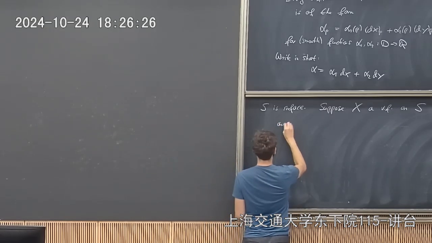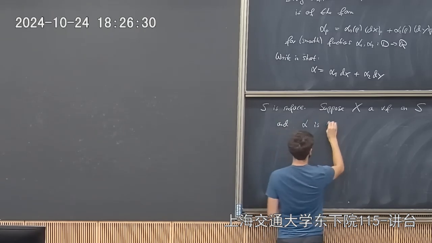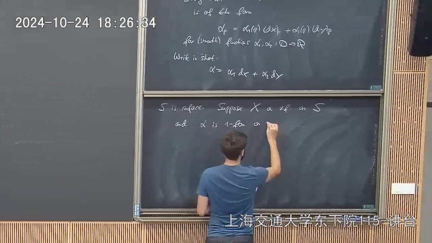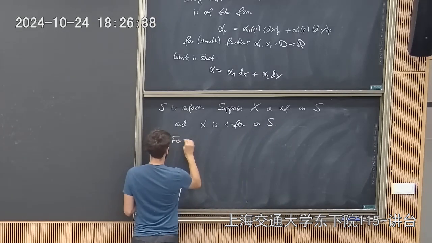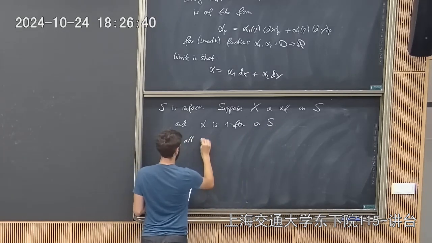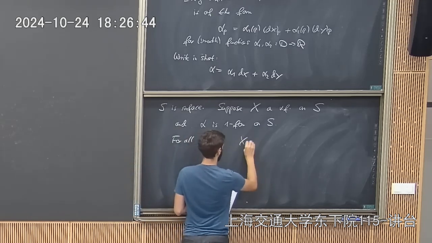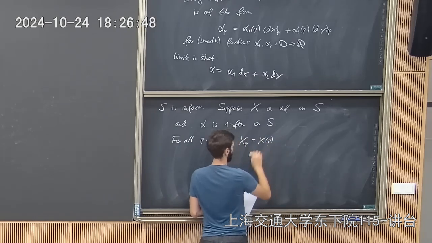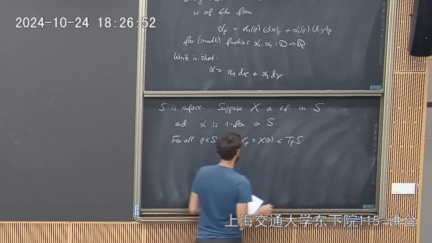And suppose that alpha is a one form on S. So that means for all P on the surface we have two data, namely X of P, the value of the vector field at P, which is a tangent vector at that point.